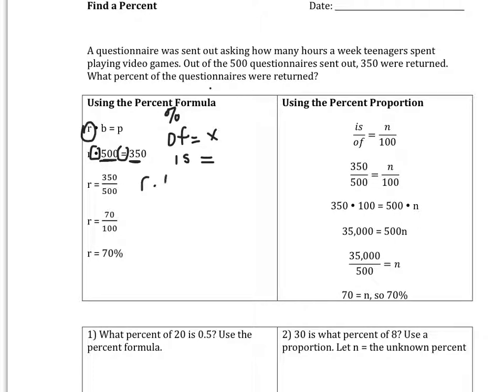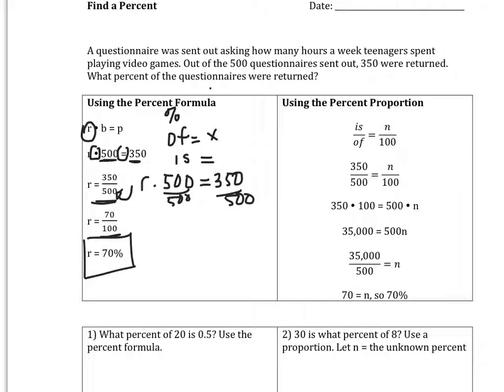Rate times 500 is 350. Then we divide by 500 on both sides, and reduce that down. 70 over 100 is the same as 70%.